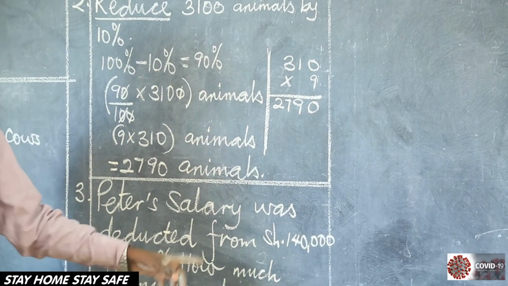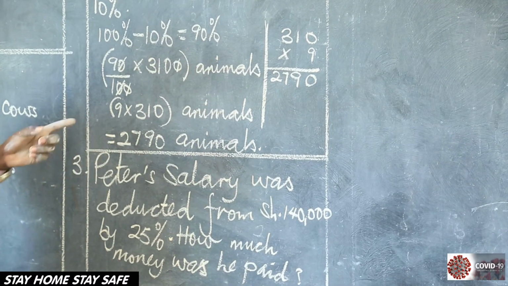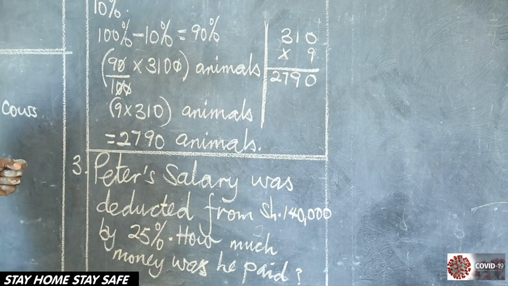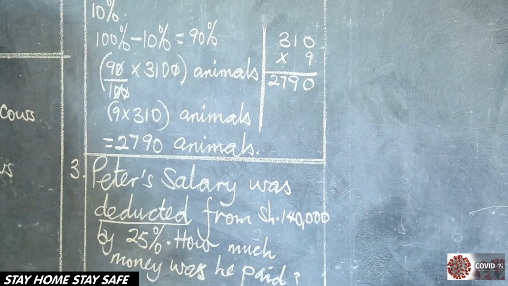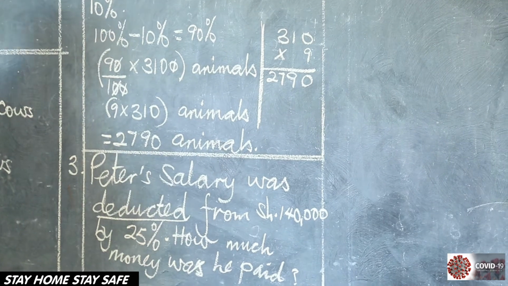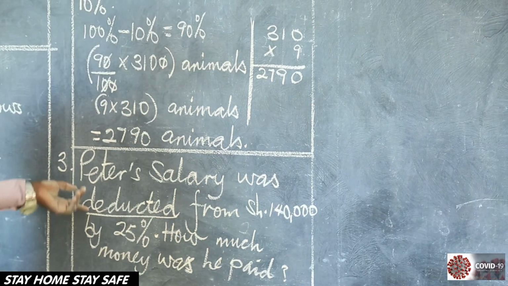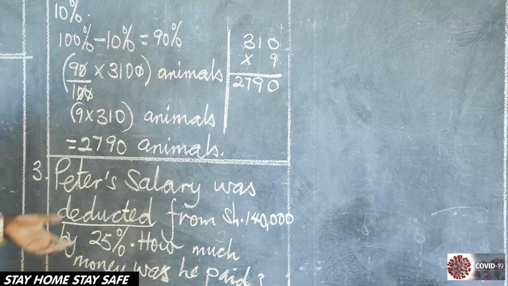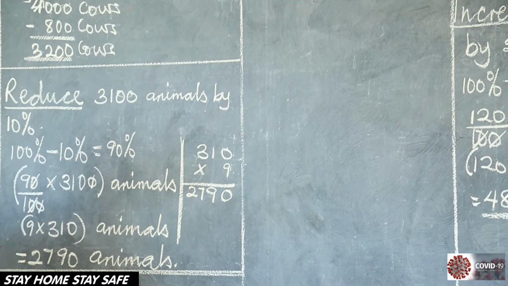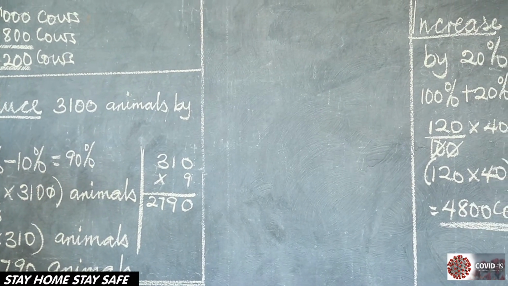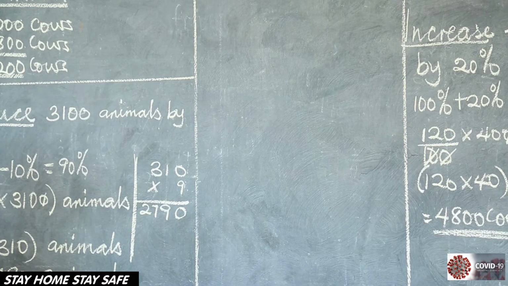So Peter was supposed to get 140, but his salary was deducted. When I say deducted, what does it mean? Was it increased? No. When I say it has been deducted, it means it has been reduced. So we are going to reduce 140,000 shillings by 25% in order to get how much money he was paid.